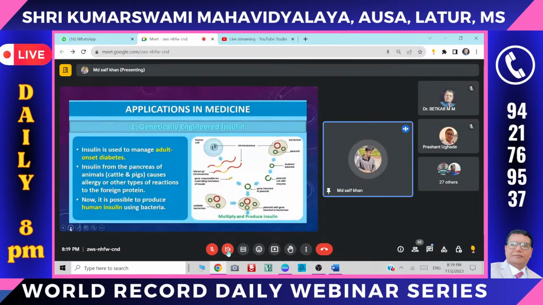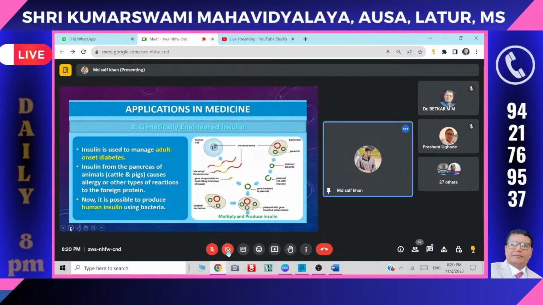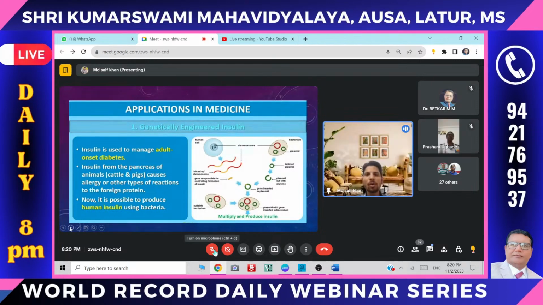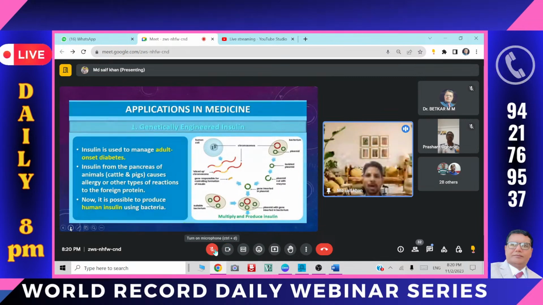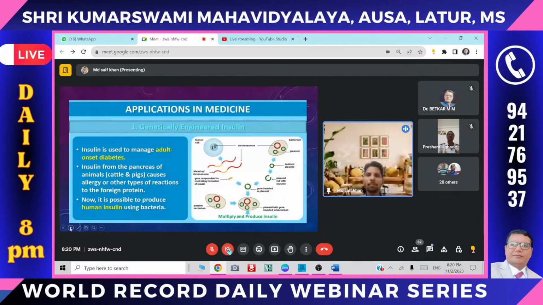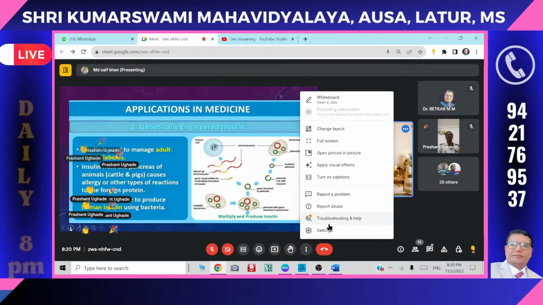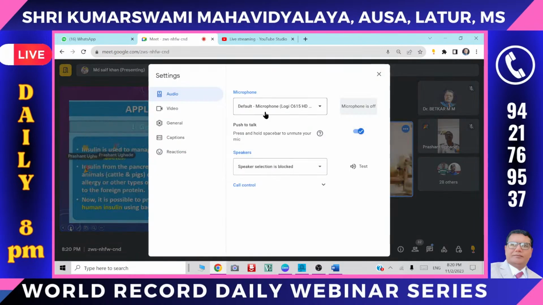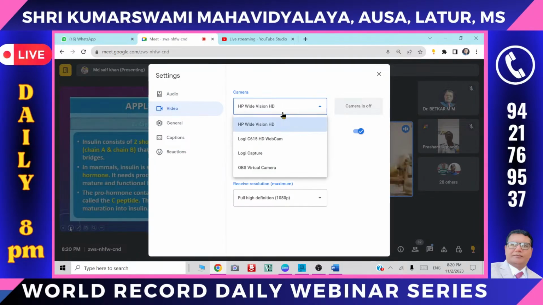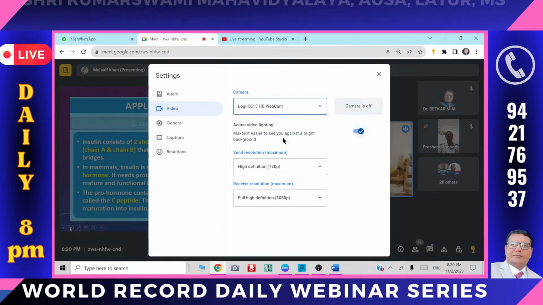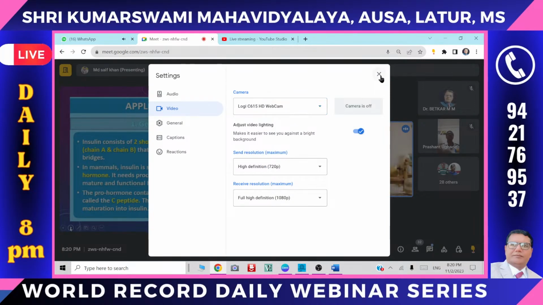The function of insulin is that it maintains the blood sugar level in our body. If it is not produced in the proper or sufficient amount, our blood sugar level increases and we will be facing various problems, right? So insulin consists of two short polypeptide chains. One is the A chain, another is the B chain.